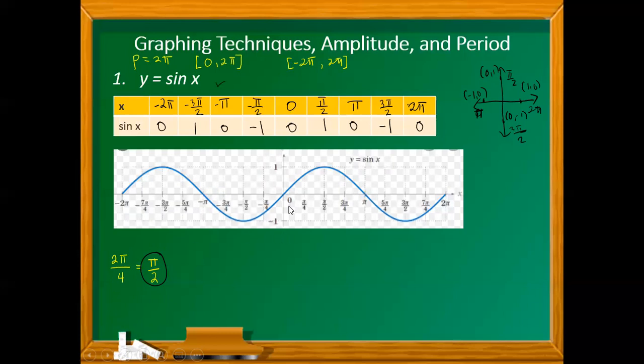So 0, 0 is here, and then negative 2 pi, 0. So this is negative 3 pi over 2, 1. So this is negative pi, 0. Then negative pi over 2, or rather, we have negative pi over 2, negative 1. 0, 0 is here.